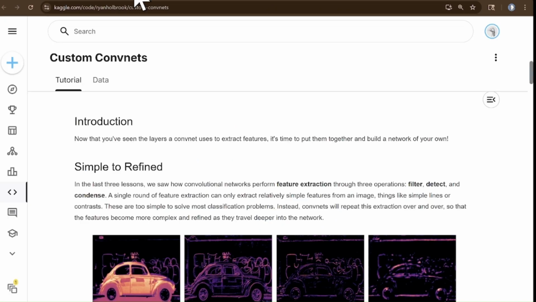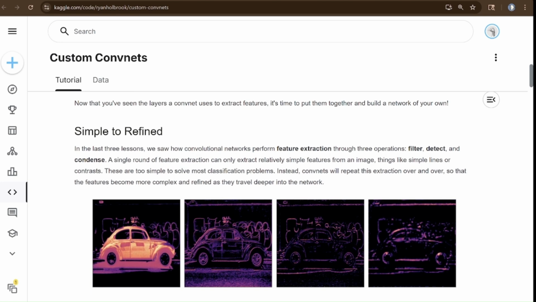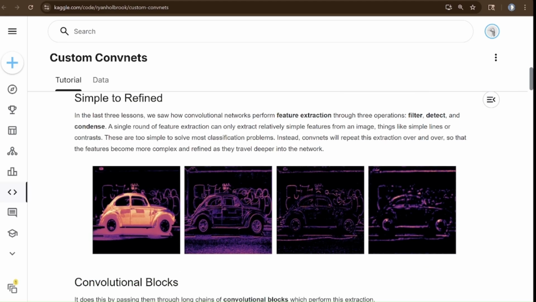Okay, now see. In the last 3 lessons we saw how it does feature extraction: filter, detect, condense. A single round of feature extraction can only extract simple features from the image, simple lines, simple contrast, but that is not enough.